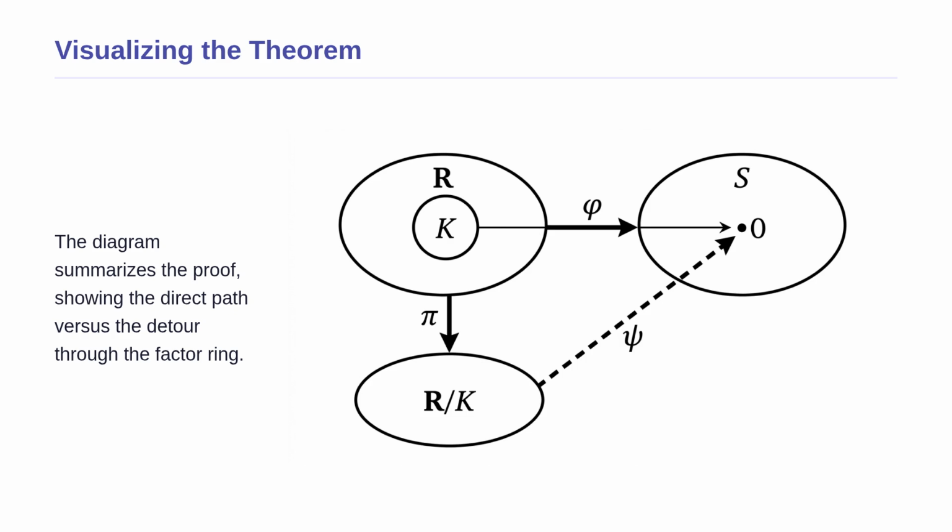You can project down to the factor ring R over K, represented by the bottom circle. From there, the dashed line representing our new function psi provides a perfect one-to-one bridge to the image inside S. This triangle of arrows commutes, meaning both paths give the same result.